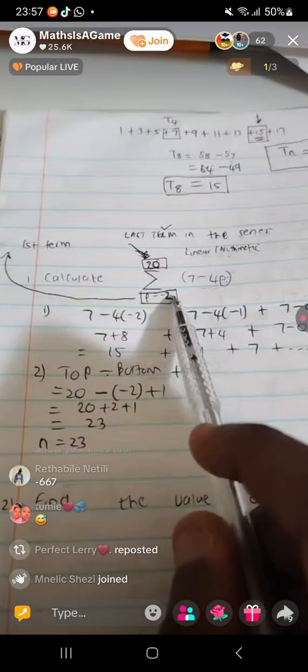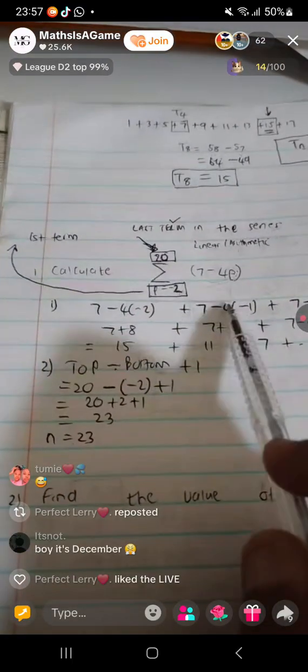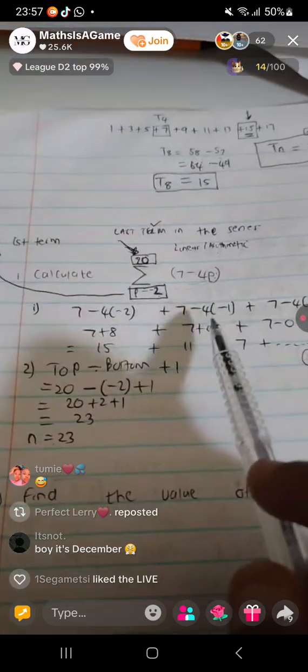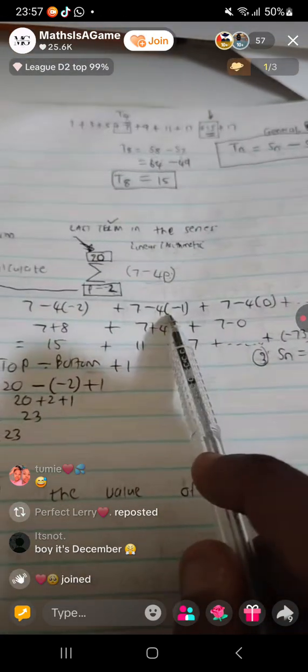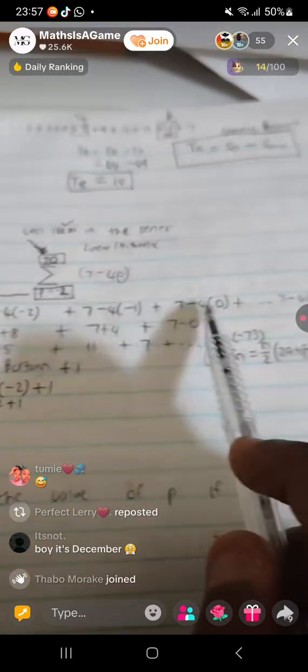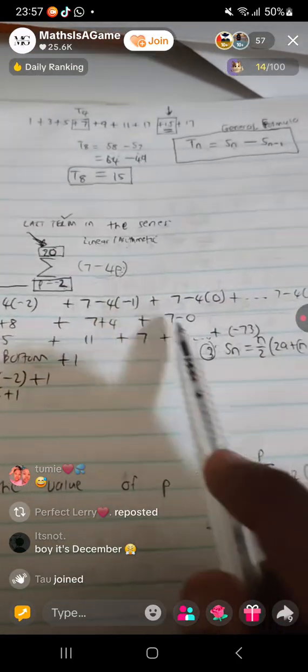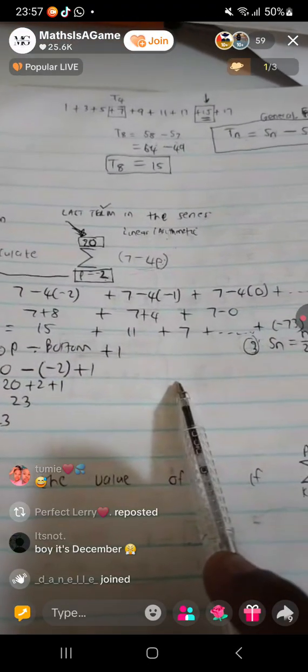Each subsequent value after -2 that we substitute gives us the next. Okay, we substitute -1, we get the next term in the series. We substitute 0, which follows -1, we get the next term in the series.